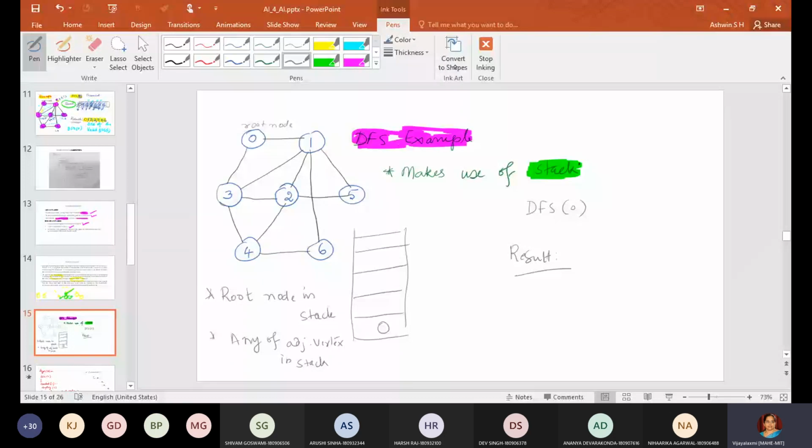So the basic principle is last in, first out. Now let us start. Steps I have not written, but I will tell you when I explain this.